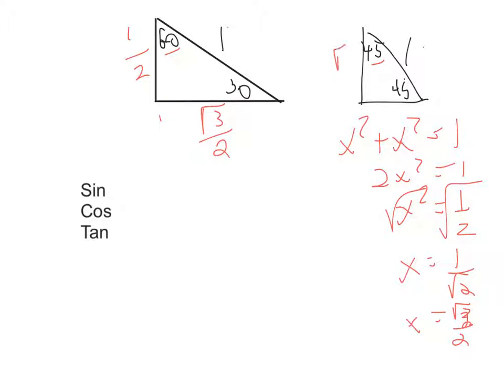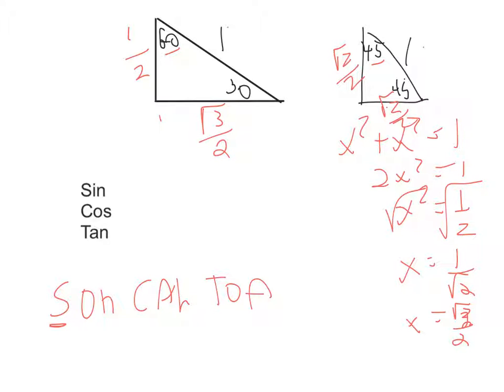So that's how long this side is, the square root of 2 over 2, and this side is also the square root of 2 over 2. You know what, I'm going to move that on to the other side. Let's look here and find some things out. Sine, cosine, tangent. We need to remember last year, SOHCAHTOA, right?